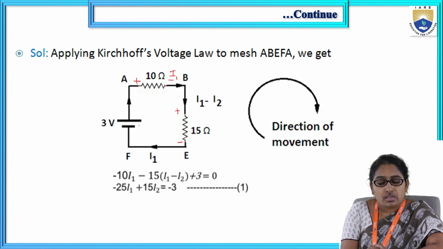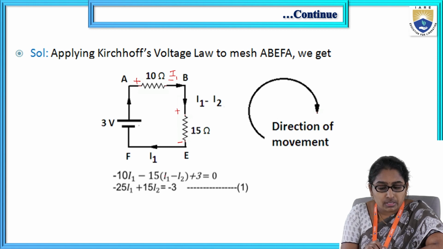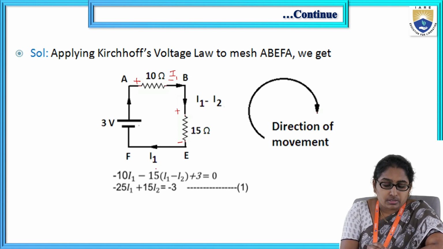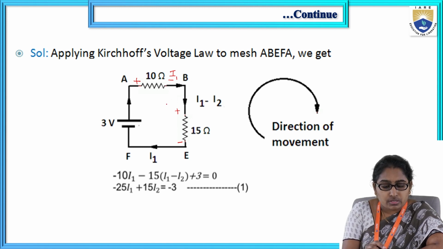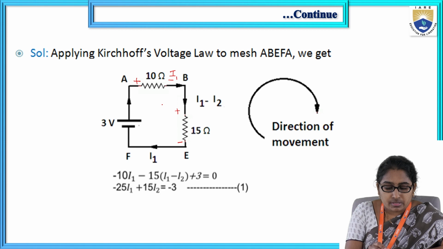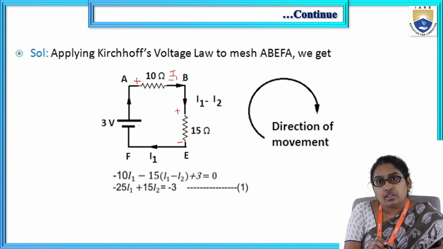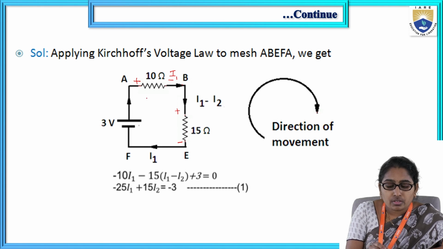So the polarities of voltage drops are marked. Now write down the KVL. Start from here. We are taking an assumed current direction.